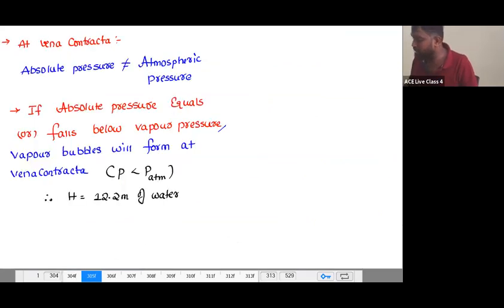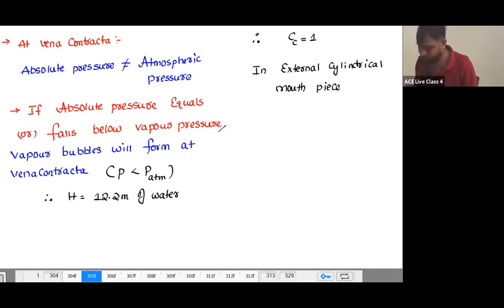So as Cc is equal to 1, and in an external cylindrical mouthpiece, the Cv value is practically around 0.82.